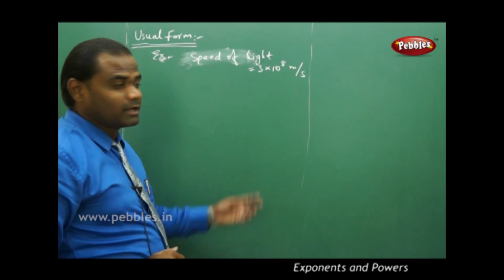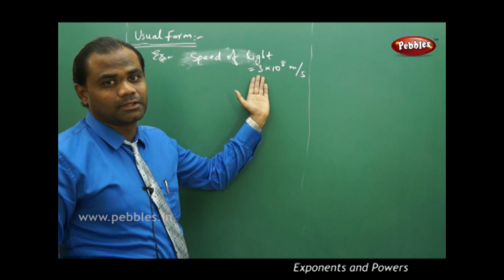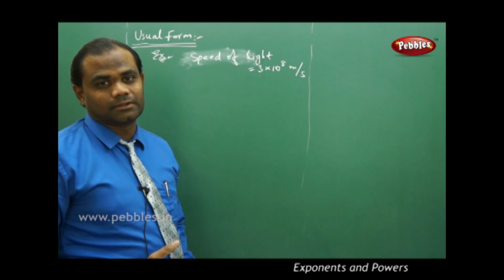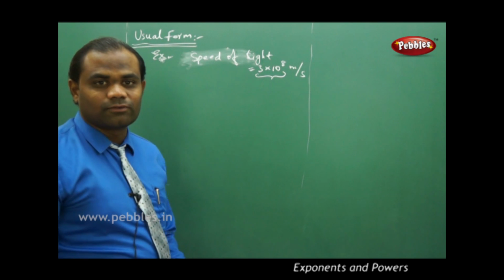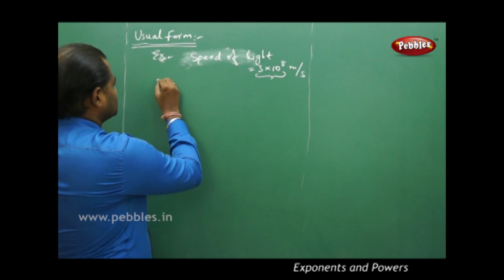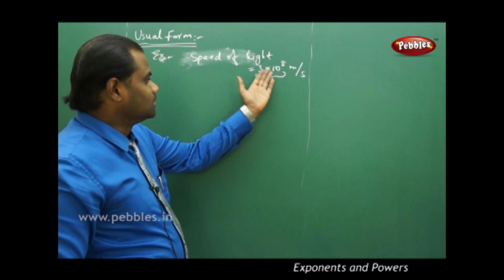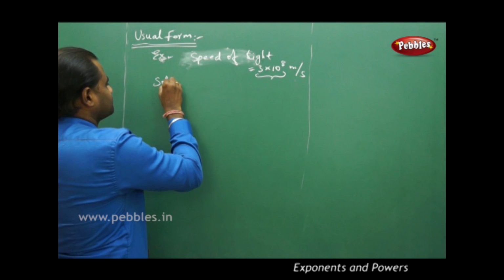We all know that the speed of light is 3 into 10 to the power of 8 meters per second, and this is the standard form of representing the speed of light in physics. So if I have the standard form of representing the speed of light, I want to convert this into the usual form, which is nothing but the simplified process of this multiplied with this. So let's see how we can do this.